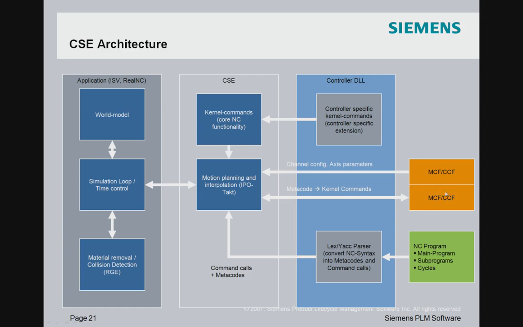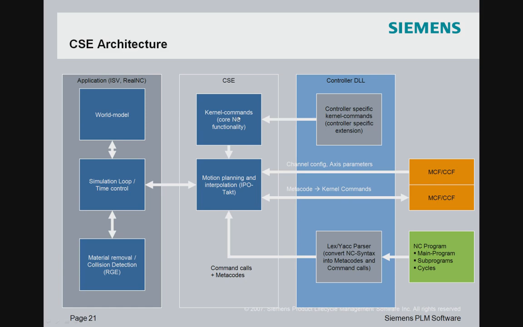And to define the behavior, you will use the MCF file. So for example, on our G0, CSE will produce a metacode G0. It will then query the MCF file to figure out how to behave upon a G0. Here you can define that using a long list of functionality that is defined by CSE.